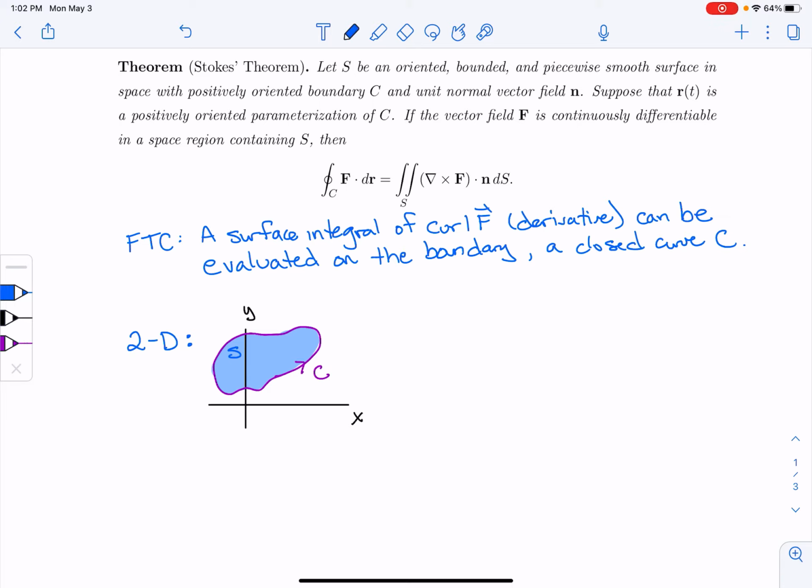Well, in this case, my unit vector n is just going to be k hat. Okay, so it's going to be 0, 0, 1.